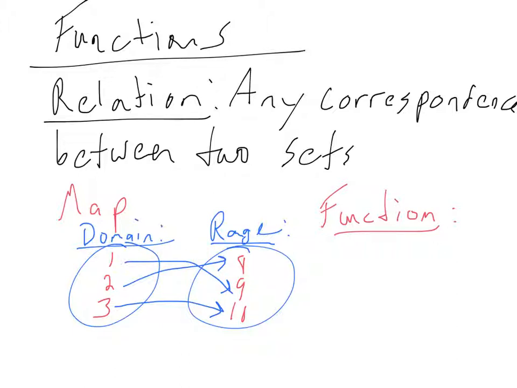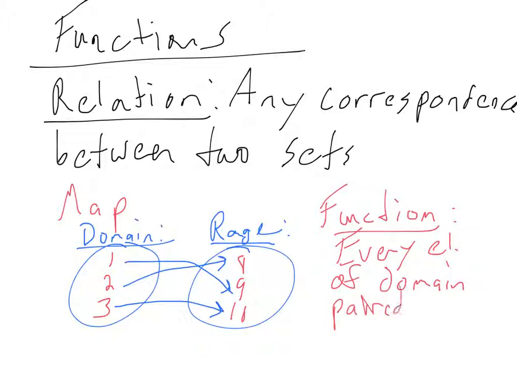So a function is a relation where every element of the domain is paired with only one element of the range. So it's a special type of relation.